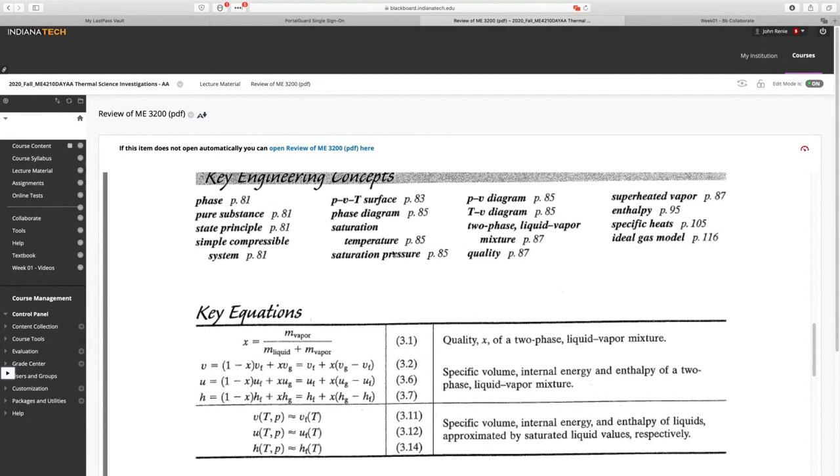Typically, we will be dealing with just that particular saturation 2-phase process, even though there are other types of processes, sublimation and solidification, where we are going between 2 phases such as solid and gas or solid and liquid. Primarily, we will be discussing the saturation process between the 2 phases of liquid vapor, a liquid vapor mixture.